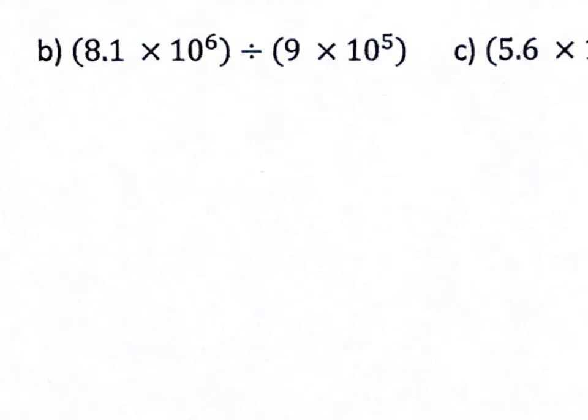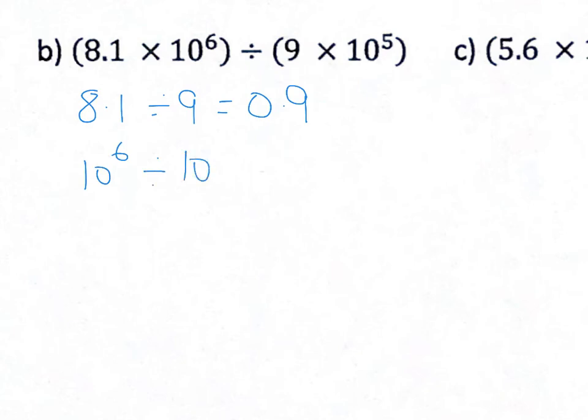Part B, we're dividing, so it's the same process. We'll do the numbers first, so 8.1 divided by 9, and that's going to give us 0.9. 10 to the power of 6 divided by 10 to the power of 5. Our rule for dividing, we take away the power, so it's 6 take away 5, which is 10 to the power of 1.